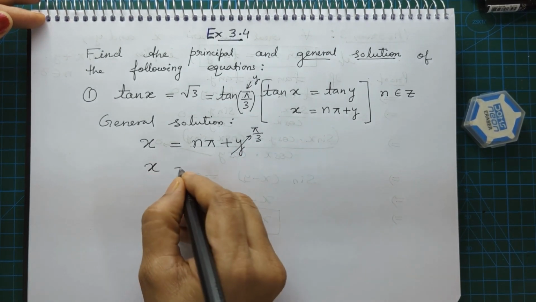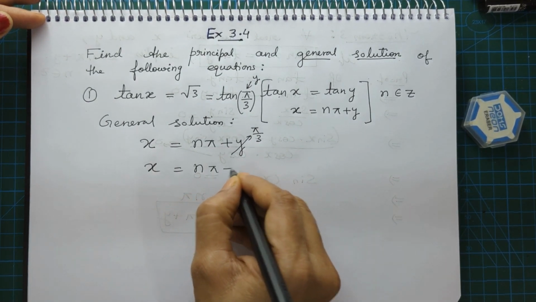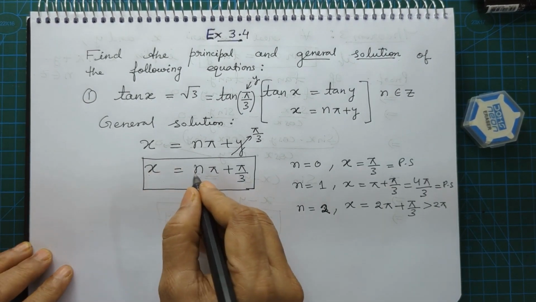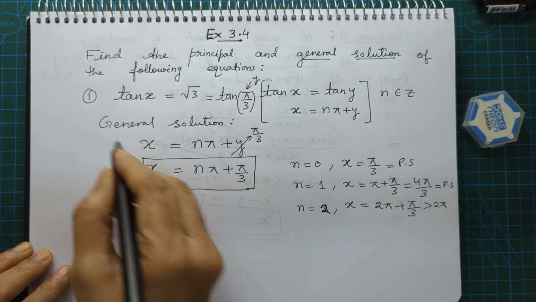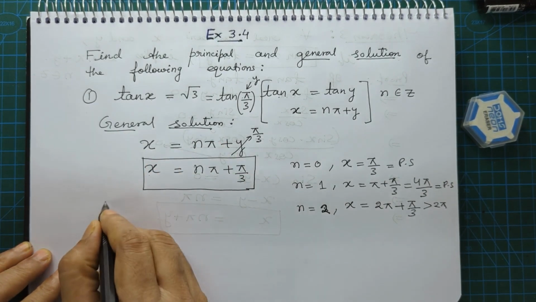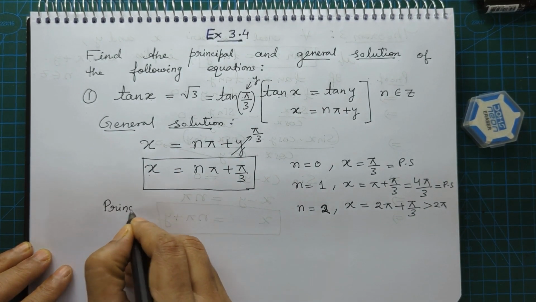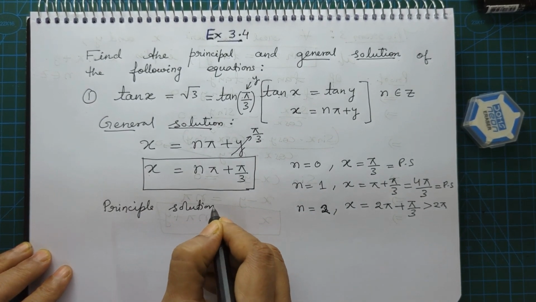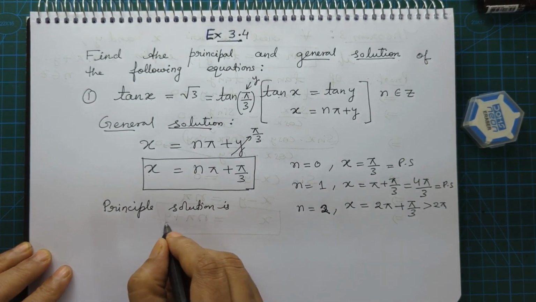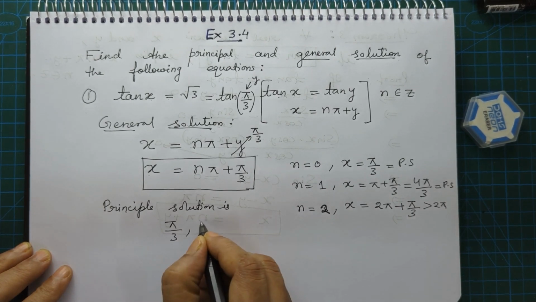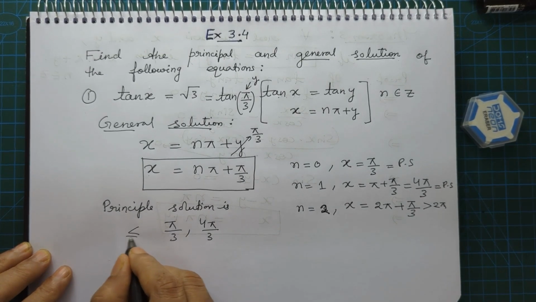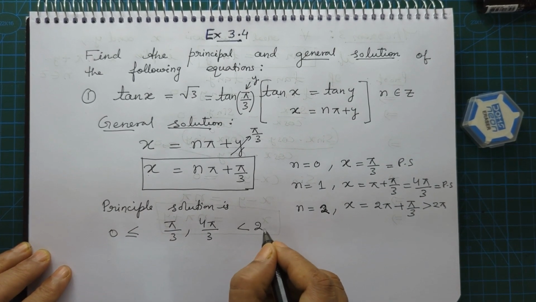So x is equal to n pi plus pi by 3 is the general solution, and the principal solution is pi by 3 and 4 pi by 3, as these two angles lie between 0 and 2 pi.